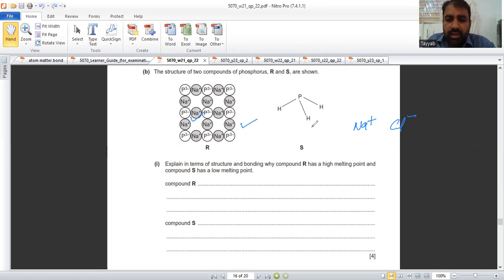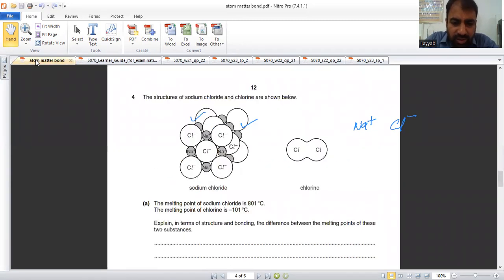This one is a simple molecular structure. Details of this we will discuss later. There is another example of a lattice structure, which is sodium chloride. If you see, each sodium ion is bonded with 6 chloride ions.